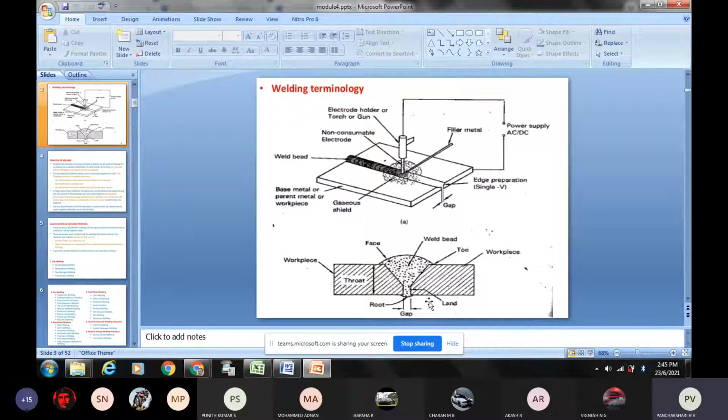Then a proper strong bond will develop between metal A and metal B, and the joint will be as strong as the base metals A and B. Therefore, we have to prepare the joint, which is called joint preparation. How to prepare the joint, we will see here.